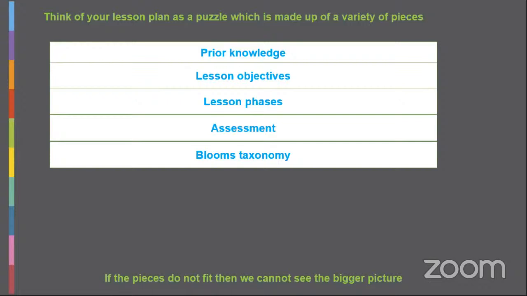What are you doing here? We want to see how your lesson progressed. Were you asking key questions, and at which stage in the lesson were you asking them? That's basically what the taxonomy section is there for. We want to know, have you been prompting your learners? Were you asking them key questions? Were you asking them questions to see what their level of knowledge was?